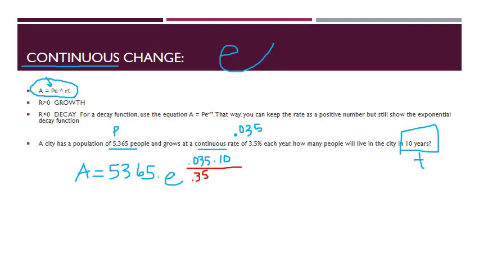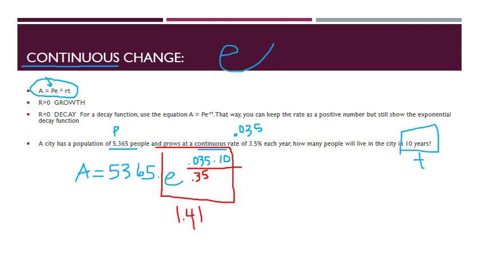Okay, so the first thing is to find that E button on your calculator and take E, and it's probably going to say maybe 2.7 something, and you hit the raise to the power of button, and I'm going to raise it to the power of 0.35. And so when I raise E to that power, I get like 1.41 and so on.